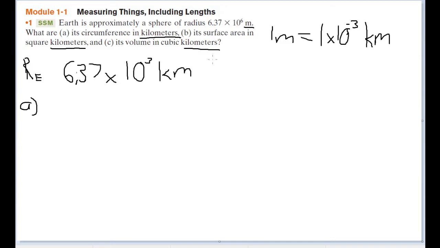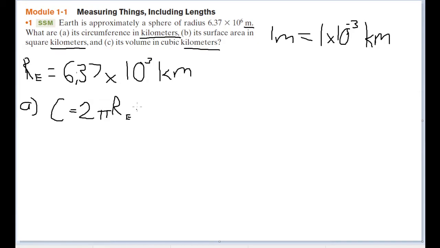But for part A, we're asked to find the circumference in kilometers. Now that we have the radius in kilometers, it's just a matter of a simple formula. If you don't know already, the circumference of a sphere or circle based on its radius is equal to 2 pi r, the radius, which in our case is r sub e.